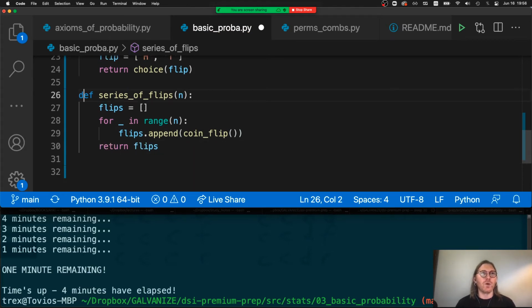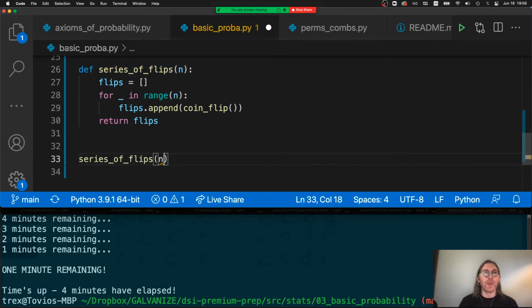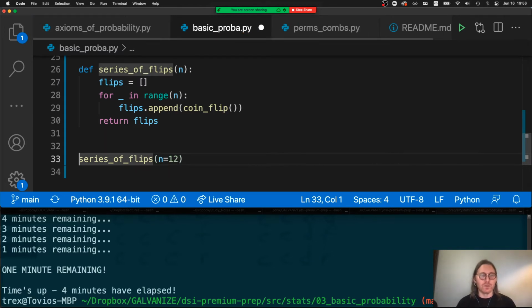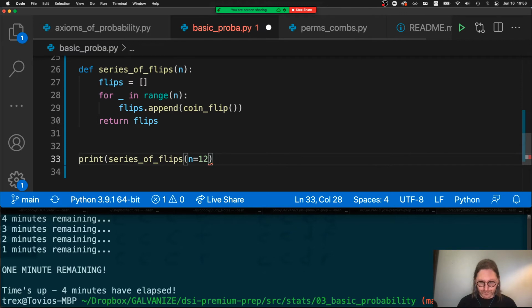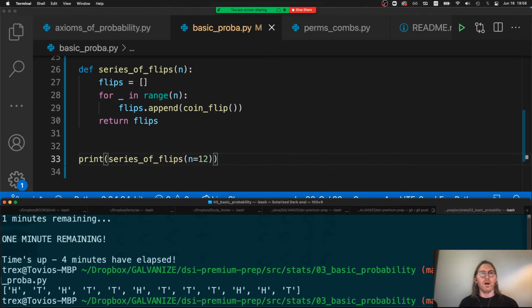Okay, so this is a bit of a prelude function to things we're going to be doing later. If we flip this, I don't know, 12 times, we're going to be able to see a collection of heads and tails.